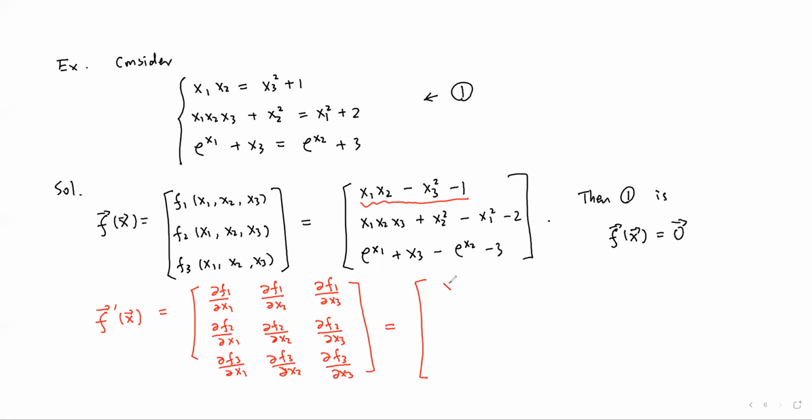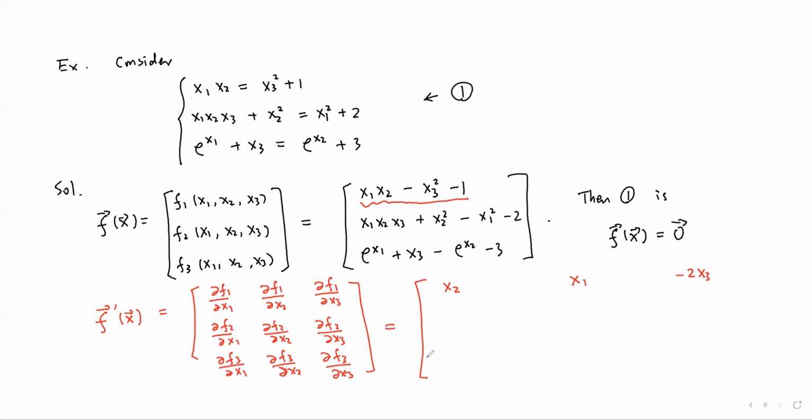Then we get x2. Then partial f1, partial x2: take the derivative with respect to x2, then we get x1. Then the last entry is negative 2 x3.